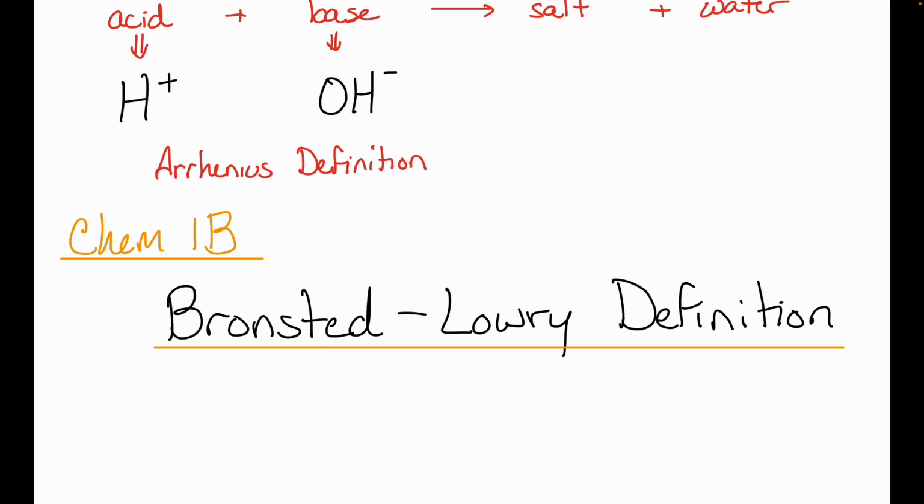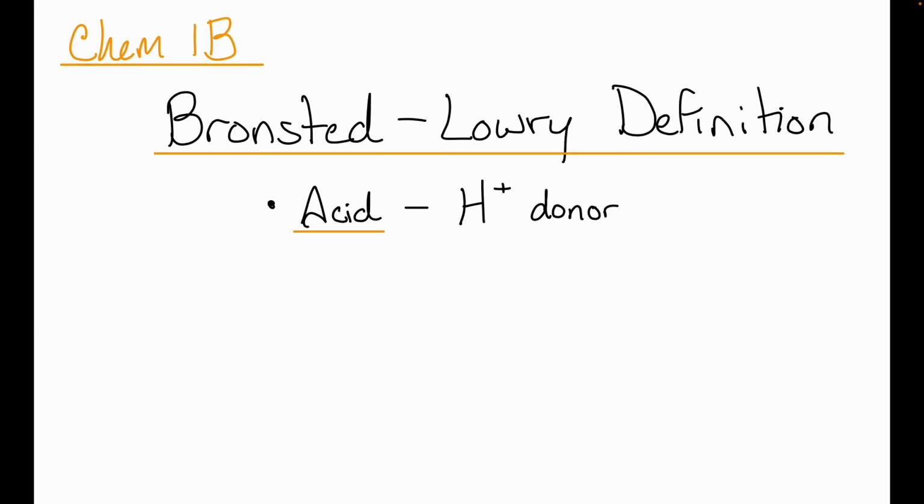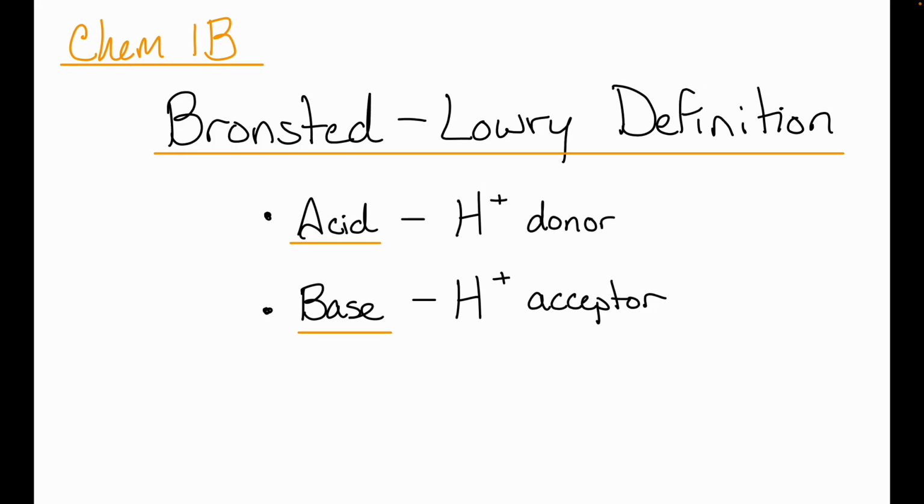All right, so in our Bronsted-Lowry definition of acids and bases, an acid is defined as being a hydrogen ion donor and a base is defined as being a hydrogen ion acceptor.